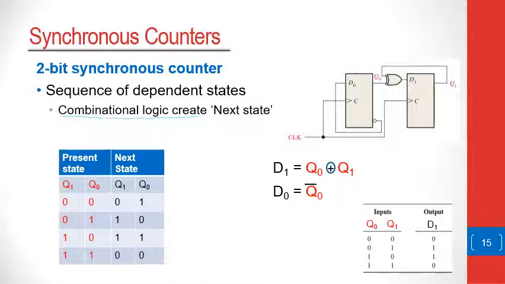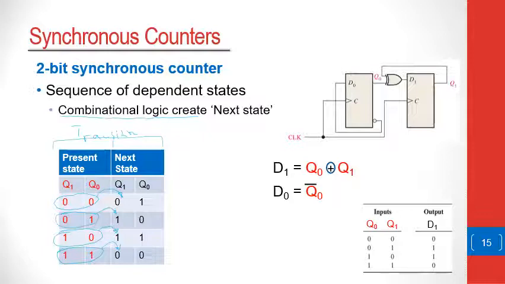If we have a transition table of a counter, we'll see that if the current state is 0, 0, it will then transition to 0, 1. If the current state is 0, 1, it will then transition to 1, 0. If the current state is 1, 0, it transitions to 1, 1. If the current state is 1, 1, it will transition to 0, 0.